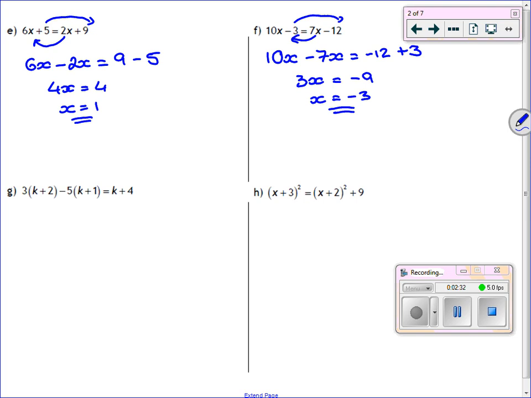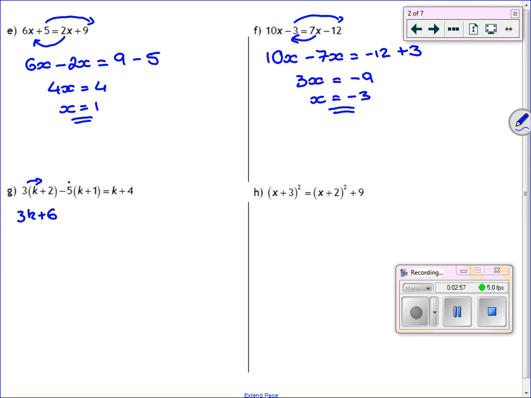Example G combines our work on solving equations with brackets along with them being double-sided equations. So let's just put them together. We have to expand the brackets here in order to solve. So take it one step at a time. The 3 multiplies the first bracket, so I get 3k plus 6.